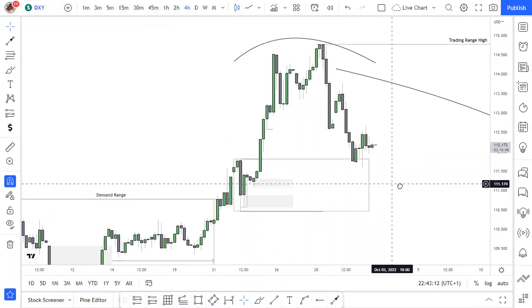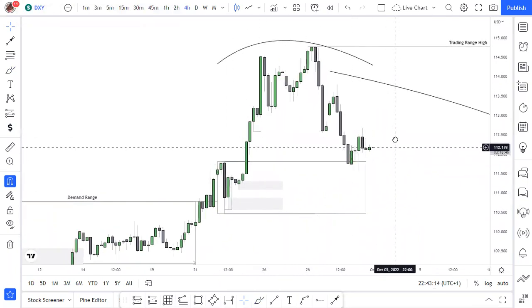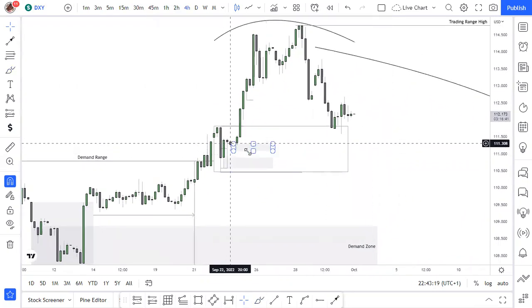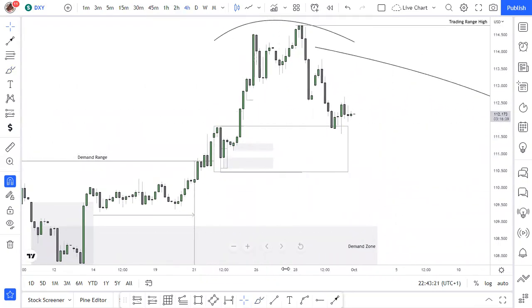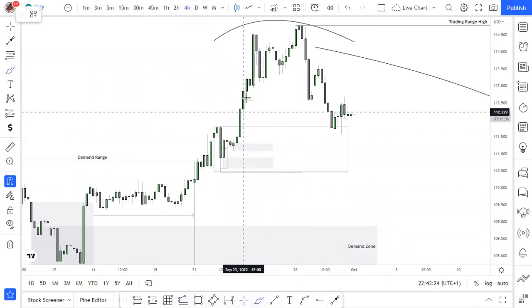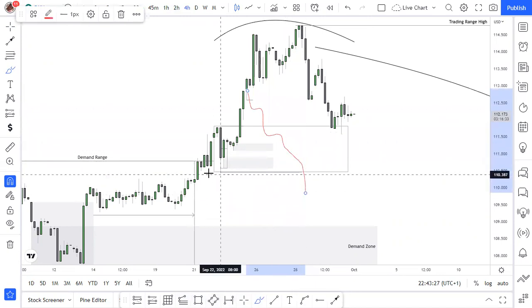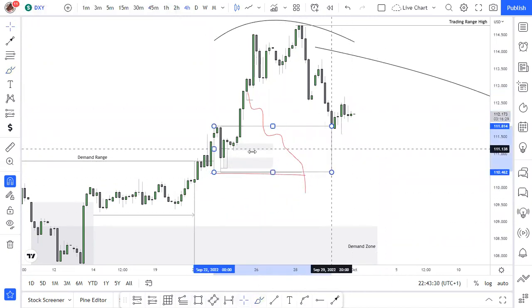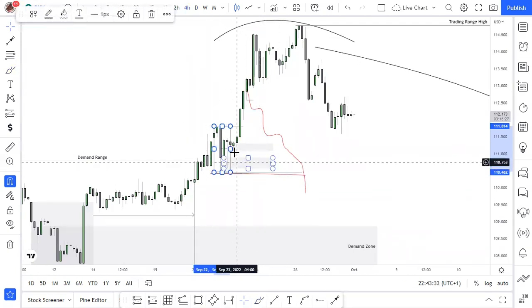So last week I talked about this zone here, and I said that the only time we can start looking for those pullback trades is if price should pull back down and break this low. And I remember I had a horizontal line just below this.